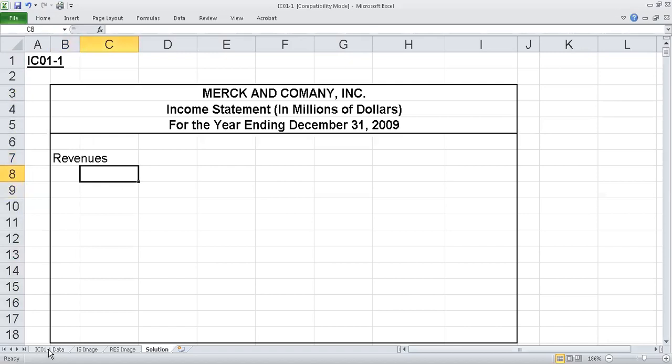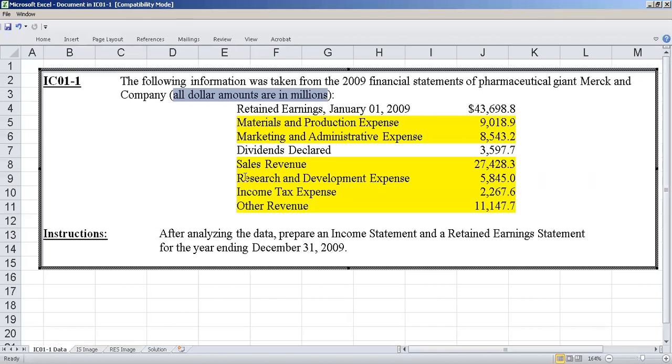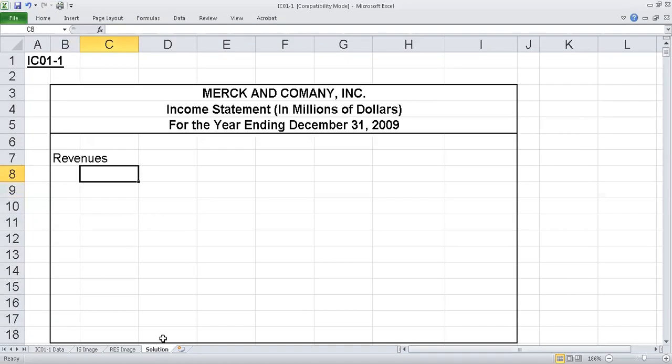Right? So if we look back at our data set, we see that we identified 2 different revenues. We have some sales revenue and we have some other revenue. So that begs the question, which one should we put first? The answer to that question is, well, there's really not a rule.